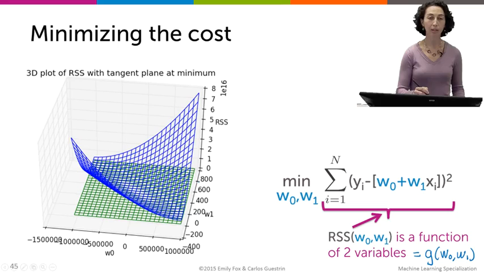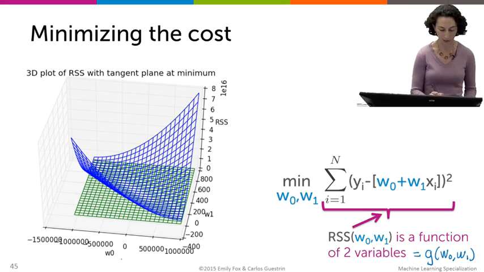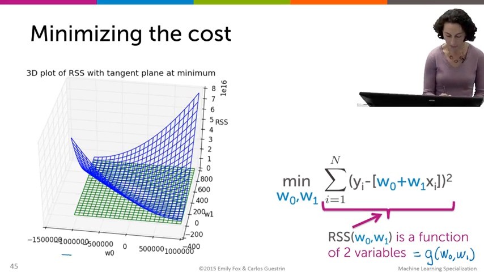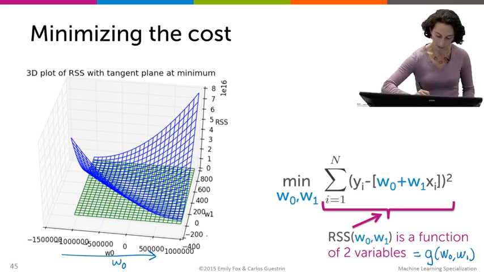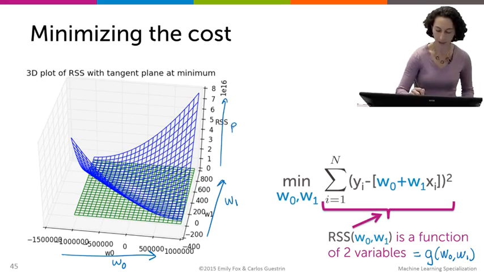And what I've done is I've gone ahead and plotted the residual sum of squares versus W0 and W1 for the data set that you guys played with in the first course of the specialization. So here, along this axis is W0, and along this axis is W1, and then we're plotting here our residual sum of squares.